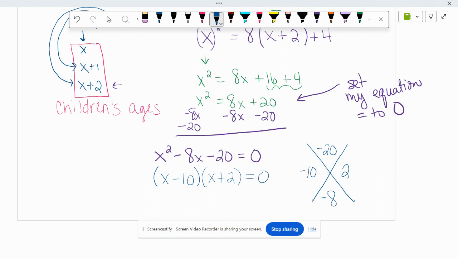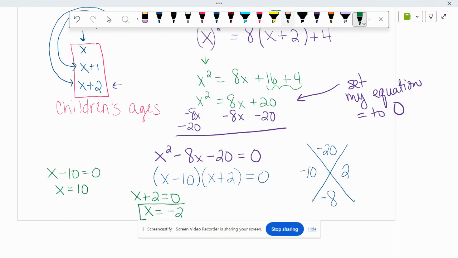And remember, both of those equal 0, so we have to set those equal to 0. If x minus 10 equals 0, then my solution is positive 10. And if x plus 2 equals 0, then my solution is negative 2.